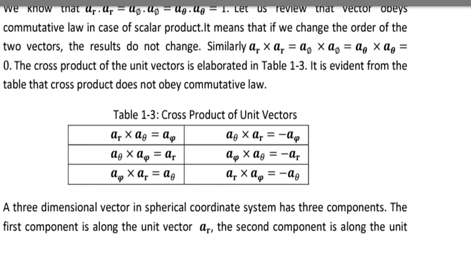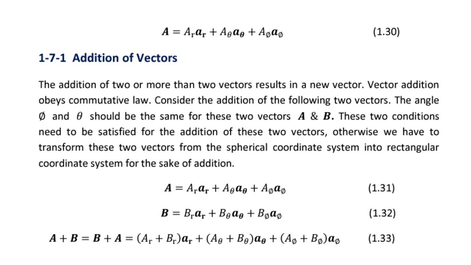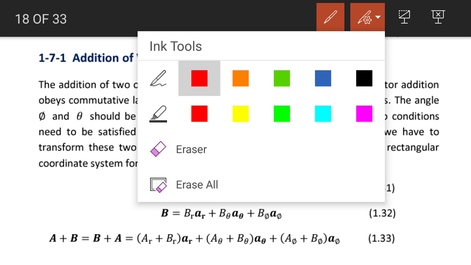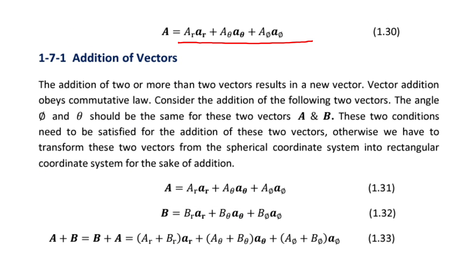A three-dimensional vector in the spherical coordinate system will have three components: a component along the unit vector aR, a component along the unit vector aθ, and a component along the unit vector aφ. So a three-dimensional vector can be resolved into three components in the spherical coordinate system.